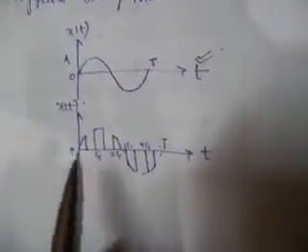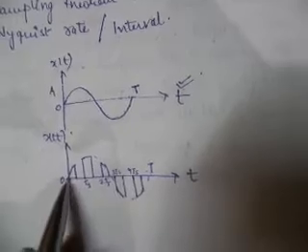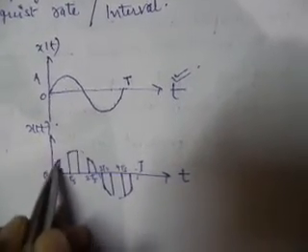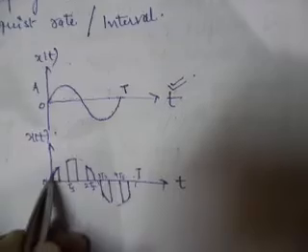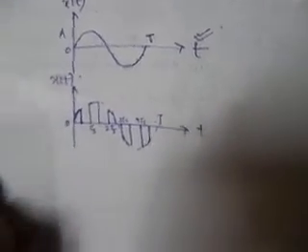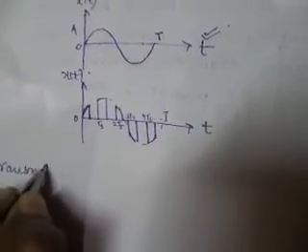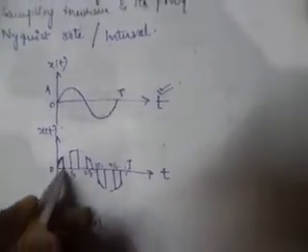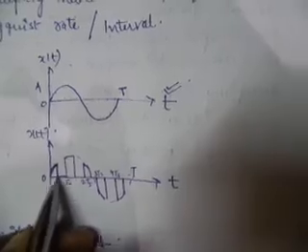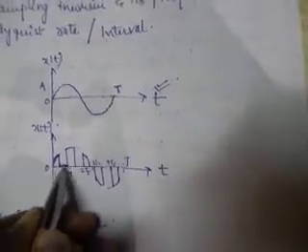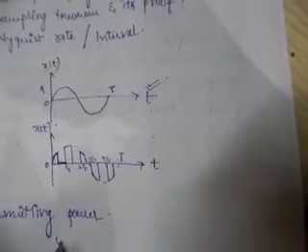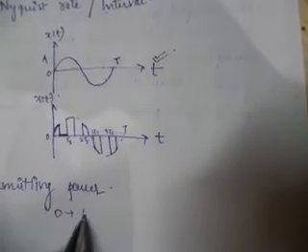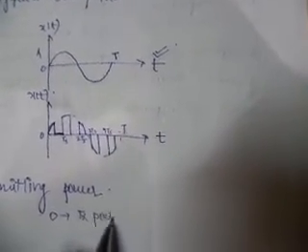If we transmit this signal, then to transmit the first sample we will need some transmitting power. Then we have 0. To transmit 0, we need nothing, we need 0 transmitting power.